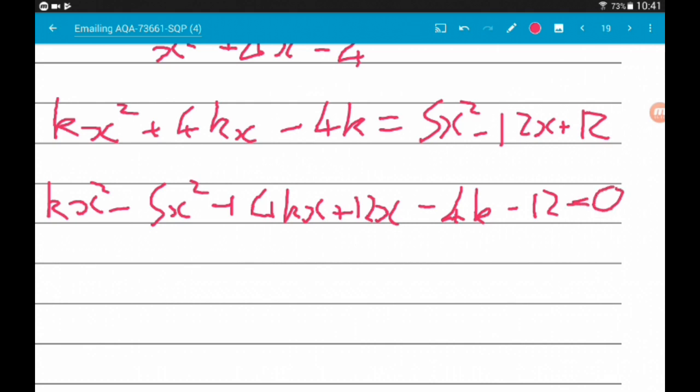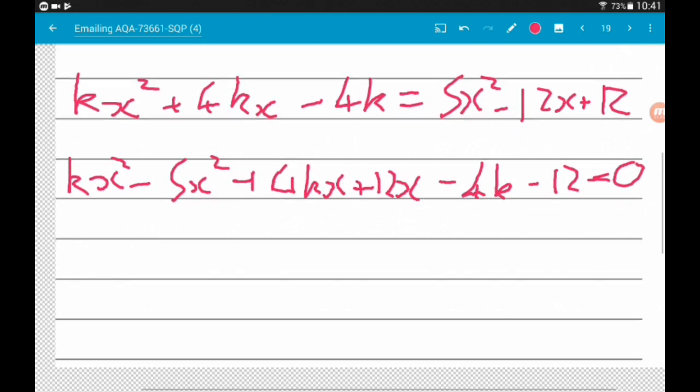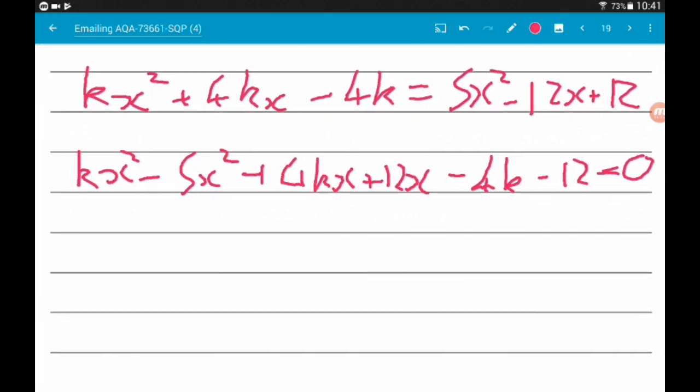Okay, so now I'm going to factorise a bit so that we only have a single x squared term and a single x term. So we've got kx squared minus 5x squared, so we can factorise that to (k minus 5)x squared.